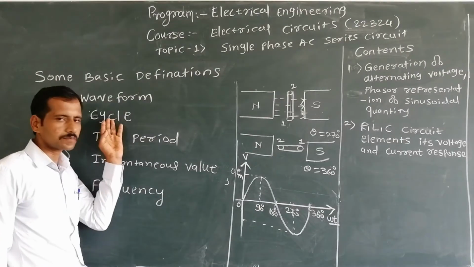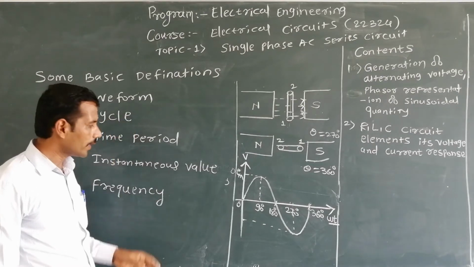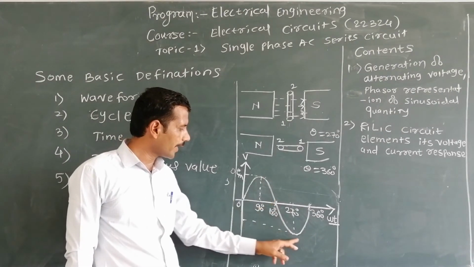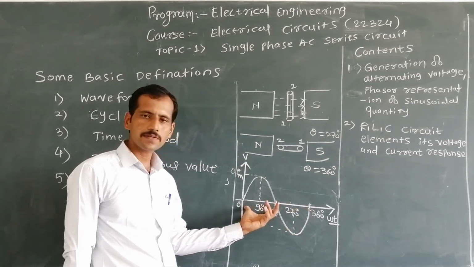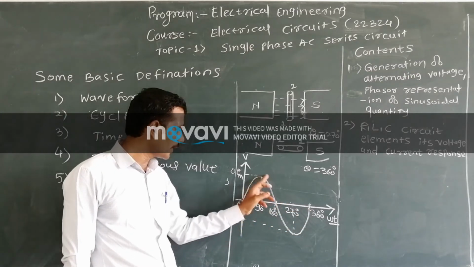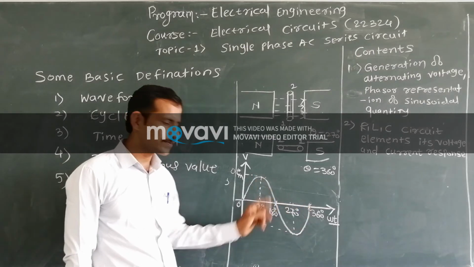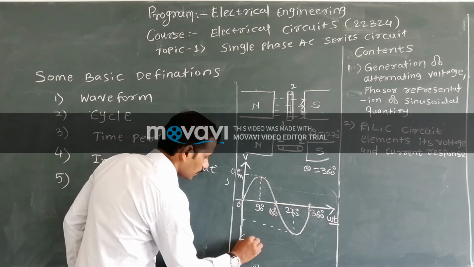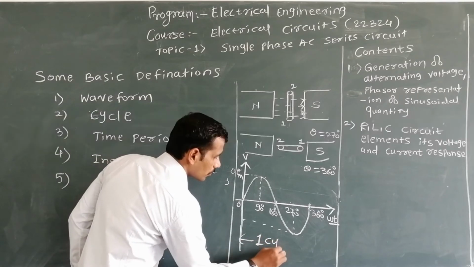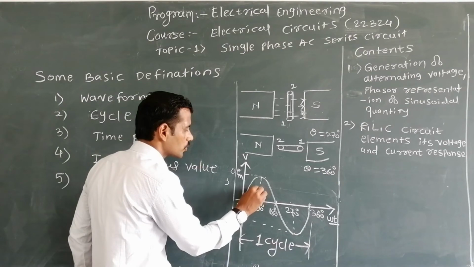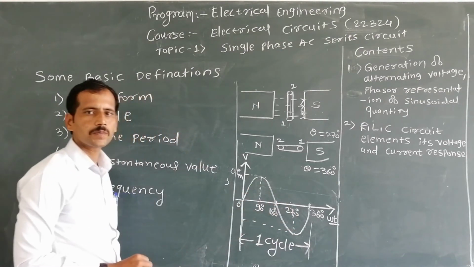Next, cycle. Cycle is nothing but one complete set of positive and negative half cycle. This is known as one cycle, that is positive half cycle and negative half cycle.